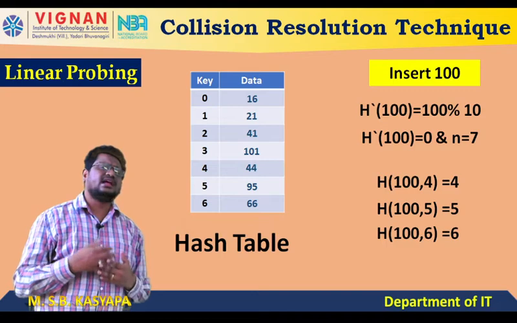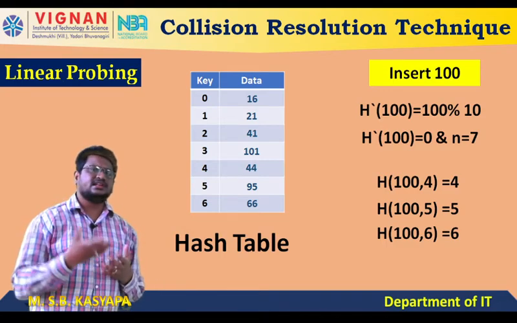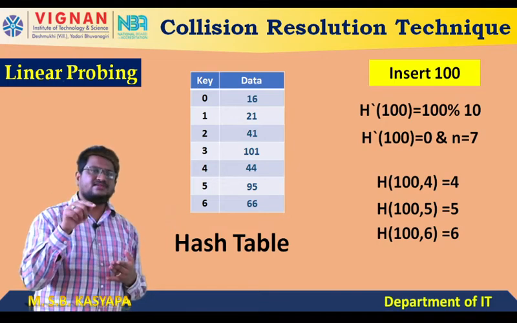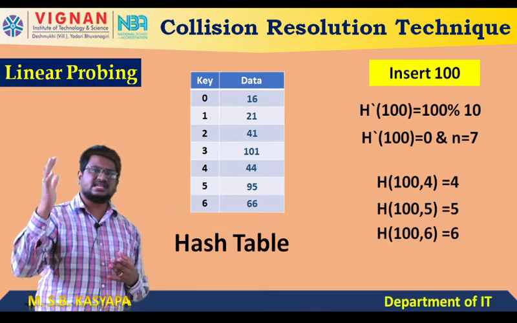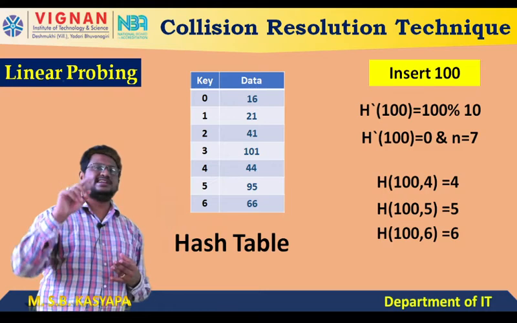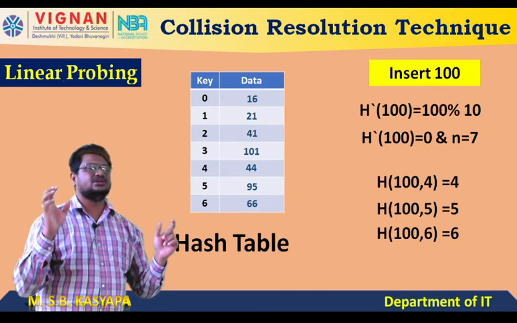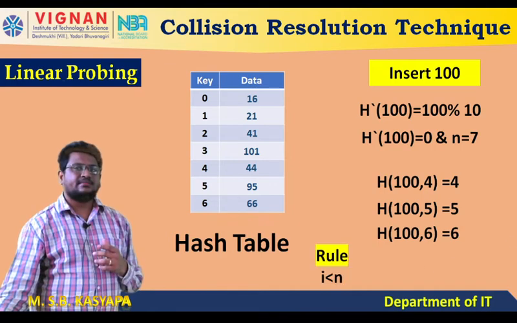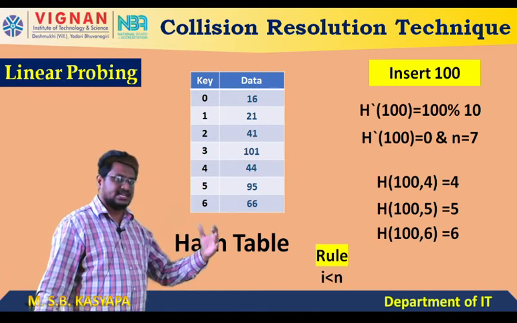As I previously discussed in the previous slides, the i value must be between 0 and n. Now, my probing value is 6, am I right.